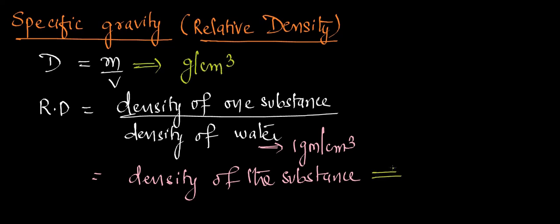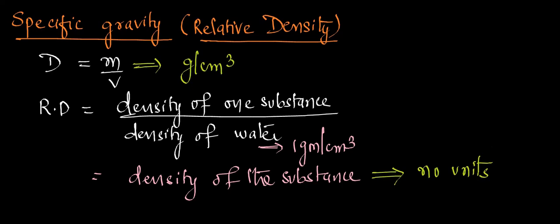When you take relative density, the value is the same, the number is the same, but here it doesn't have any units, because numerator density, denominator density, same units, they get cancelled. Relative density has no units, and density will have units. Okay, clear with this?